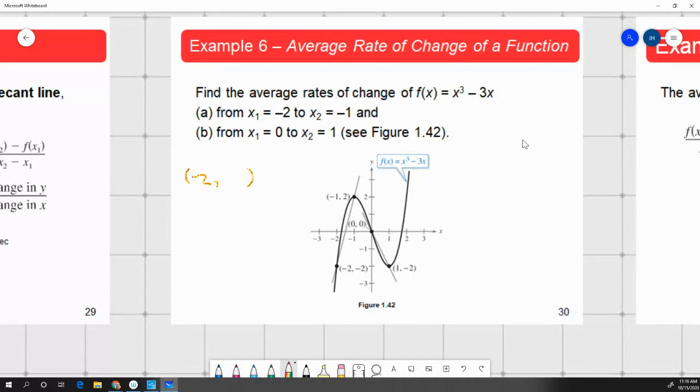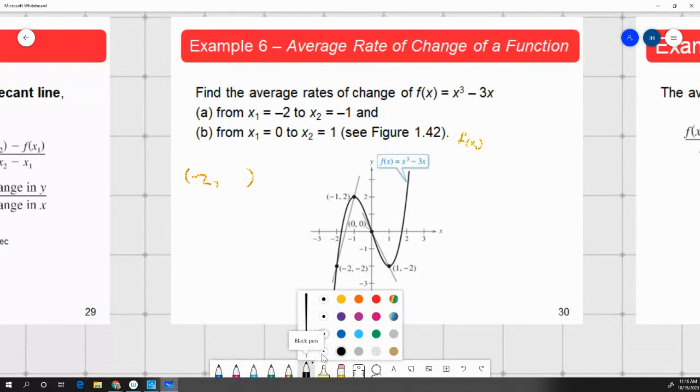And so I'm going to start by plugging in to this first one. We'll call it f of x of 1. This is a terrible pen for writing with. Let's switch here.